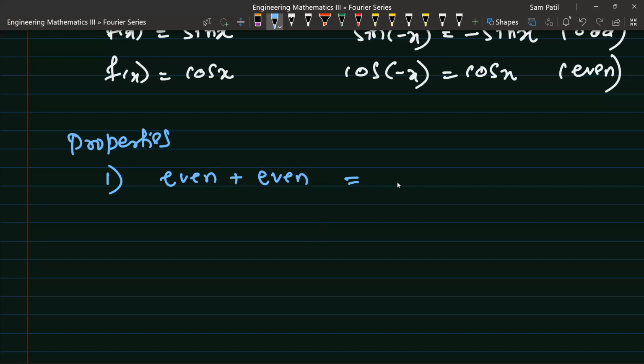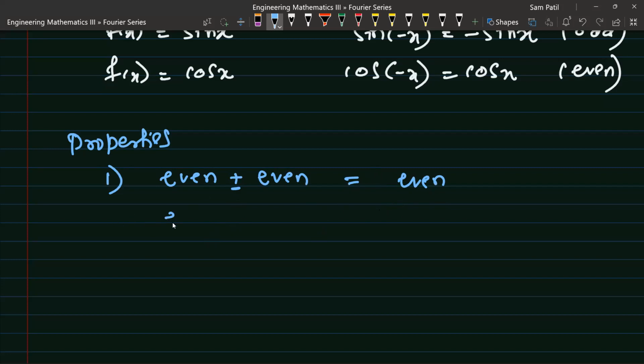An even function. If I subtract an even function from an even function, what do I get? Again an even function. So keep this in mind.